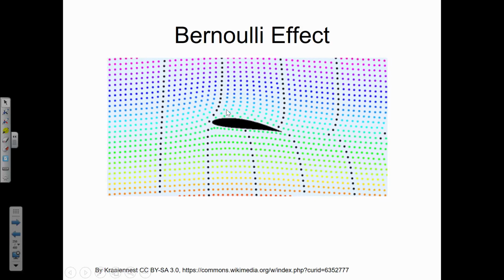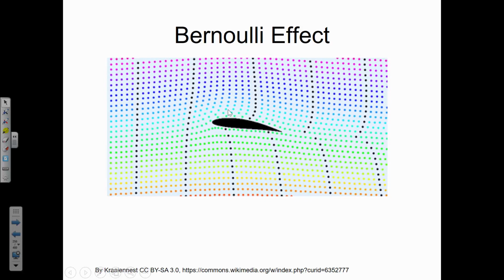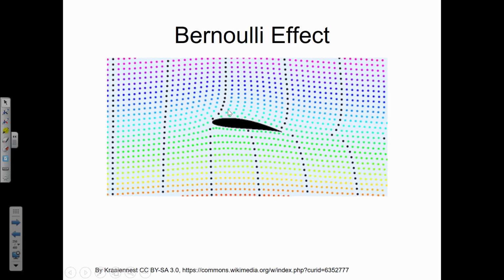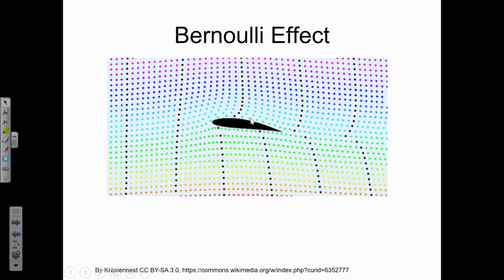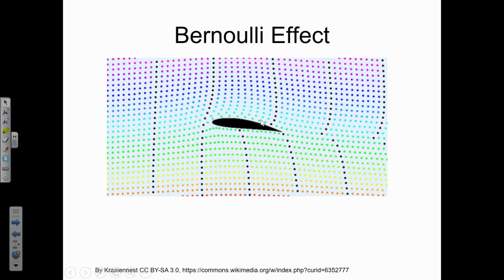And so if you multiply that pressure times an area, that will give you a force. Remember that units of pressure are newtons per meter squared, and wings have area. So you multiply that pressure difference by the area of the wing, and that gives you an idea of the lift force.